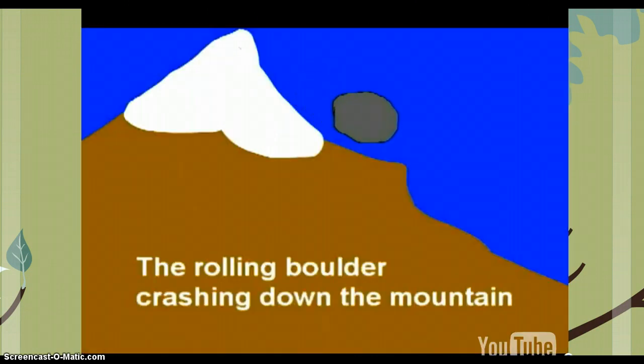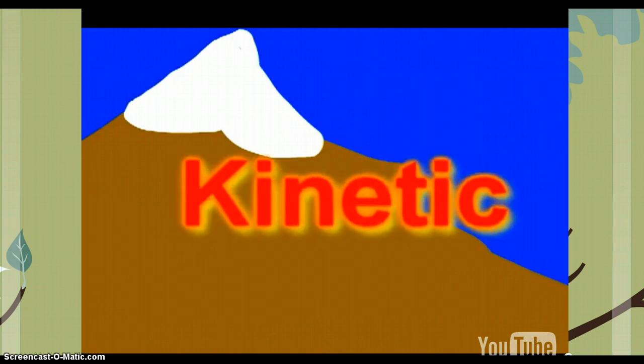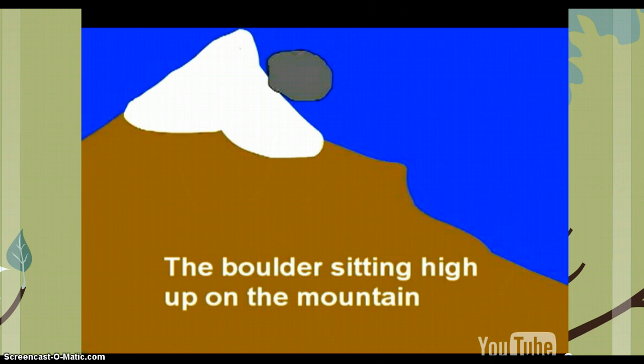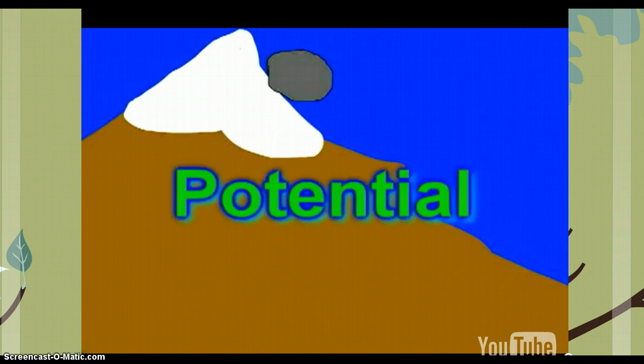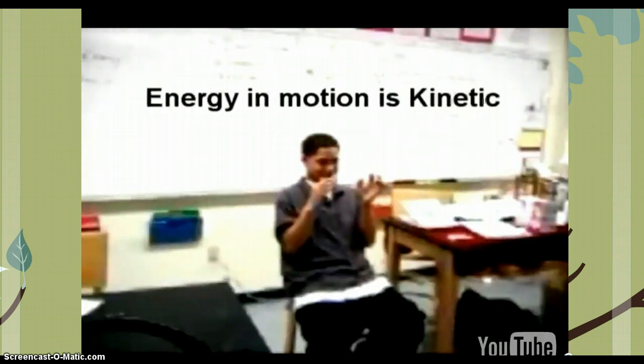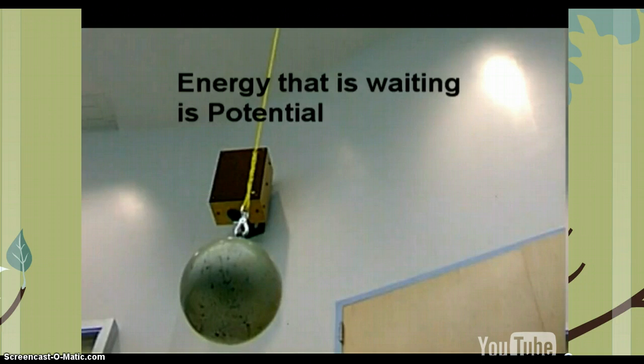The rolling boulder crashing down the mountain. That's kinetic energy. Kinetic. The boulder sitting high upon the mountain. That's potential energy. Potential. Energy in motion is kinetic. Energy that's waiting is potential.